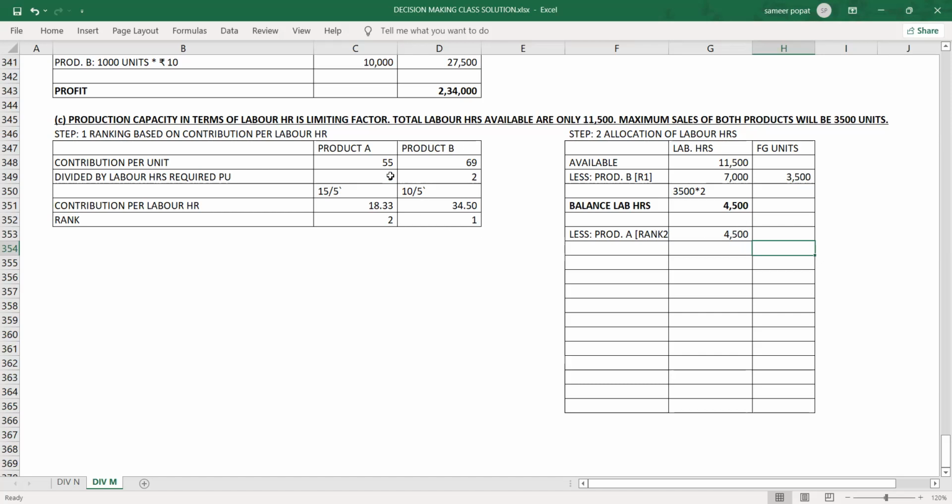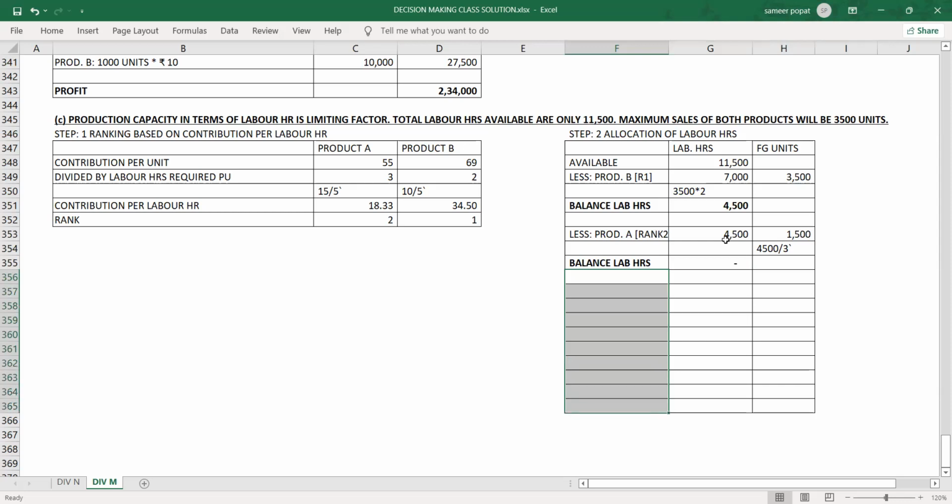So one unit takes 3 hours, so how many units can be made in 4,500 hours? 4,500 divided by 3 is 1,500. Now balance hours will be 0. 4,500 was available, 4,500 is used, so balance is 0.